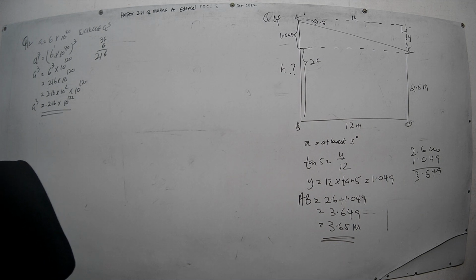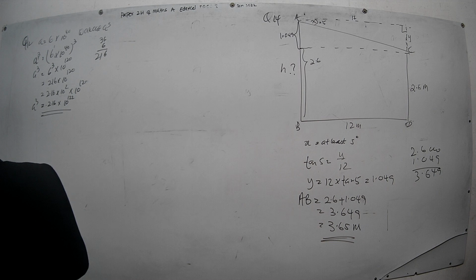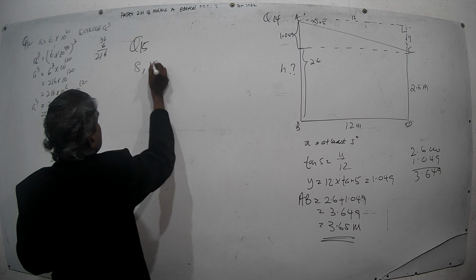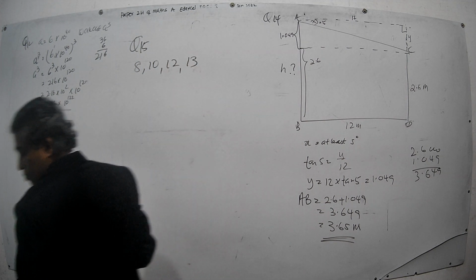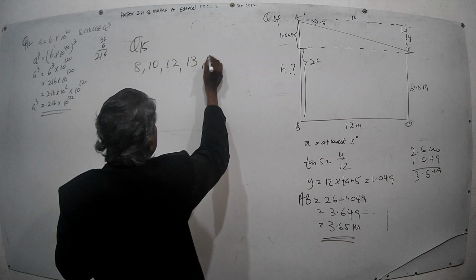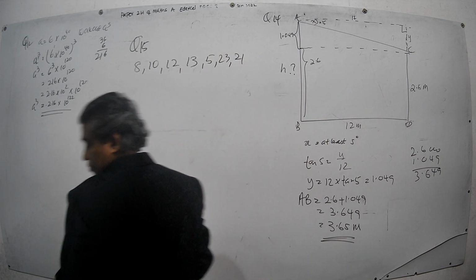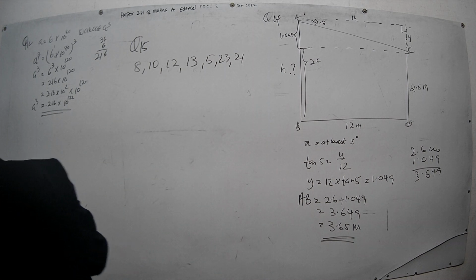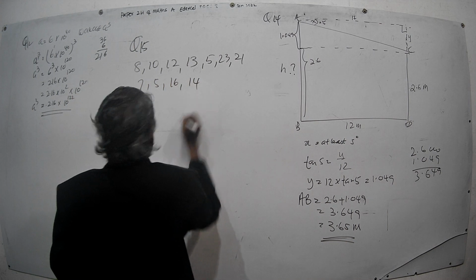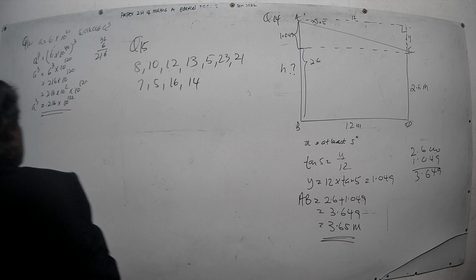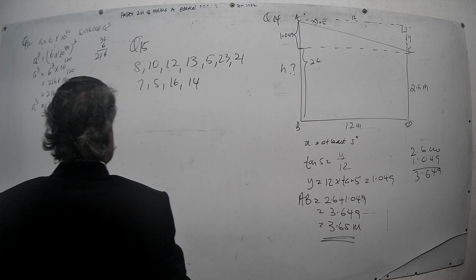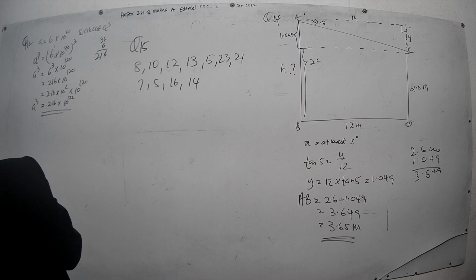These are the distances traveled: 8, 10, 12, 13, 5, 23, 21, 7, 5, 16, 14. Find the interquartile range of this.